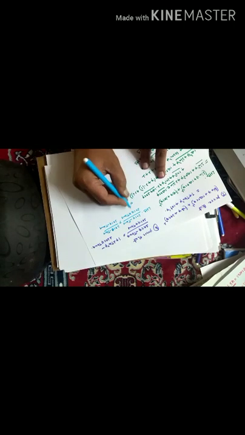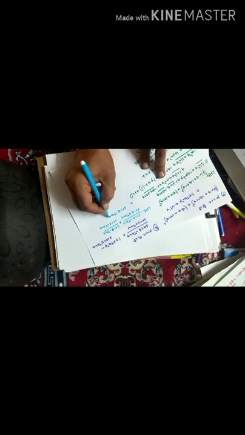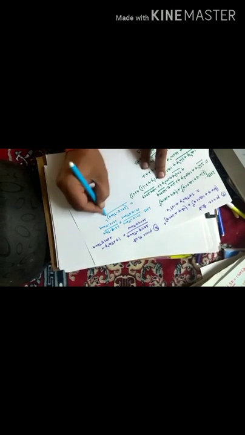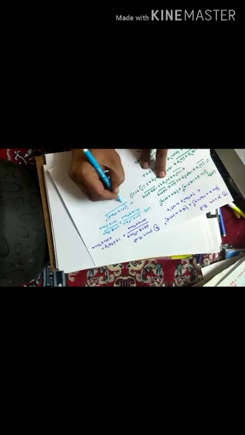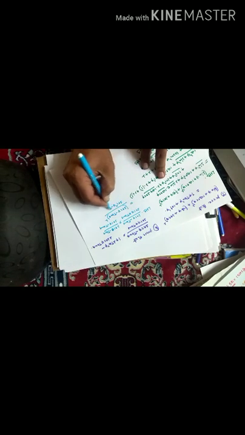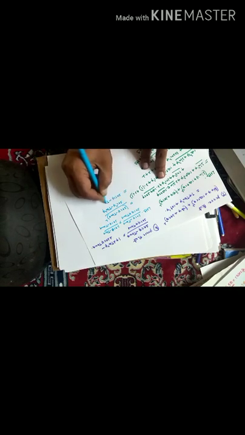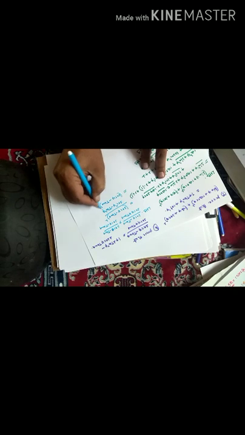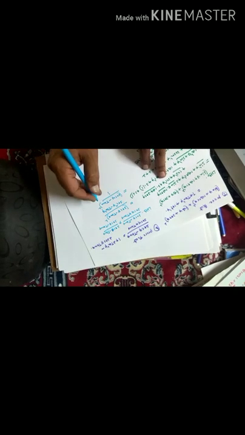What we will get, Nana? This is nothing but sec theta minus tan theta whole square by, in the form of a plus b into a minus b, that is sec square theta minus tan square theta. So this is sec theta minus tan theta whole square by 1.